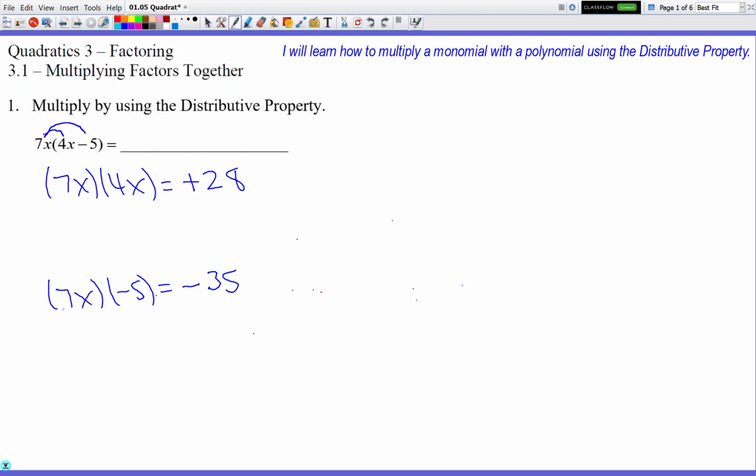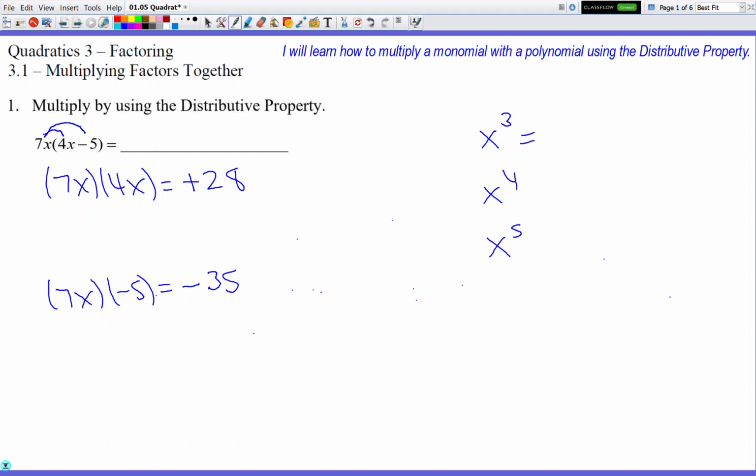Okay, and then the last part of the answer, letter with power, letter with exponent. A quick review on exponents: when I have an exponent, let's say x to the third, or x to the fourth, or x to the fifth, that number tells me how many x's are being multiplied.